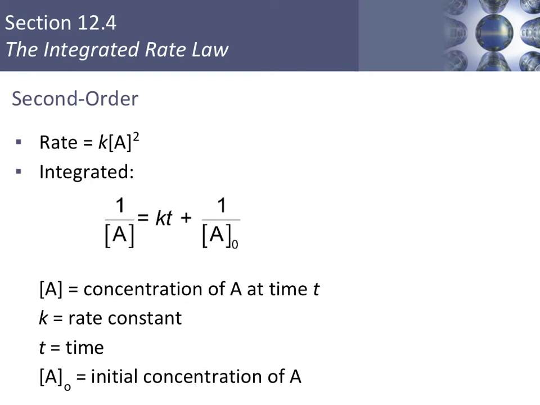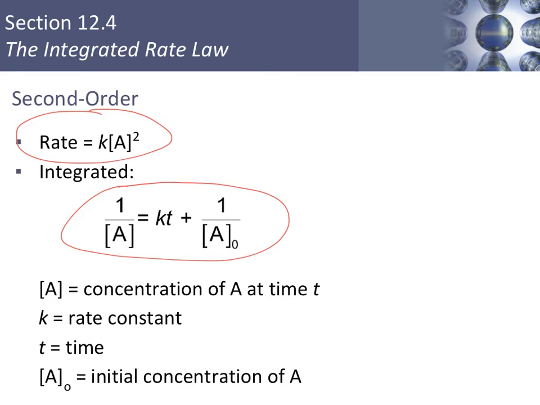Now let's talk about second order reactions. Here's the differential rate law, where A again is the concentration of the single reactant, and that quantity is squared because this is second order. The integrated rate law for second order reactions is here. This equation is also on the AP Chemistry Equations and Constants sheet that is provided on the exam.